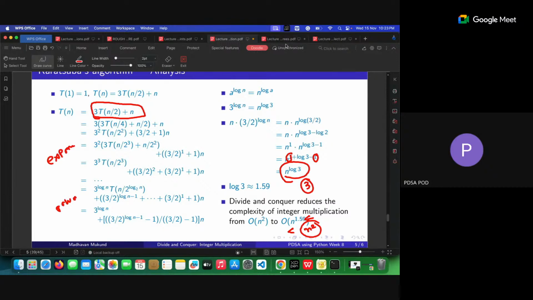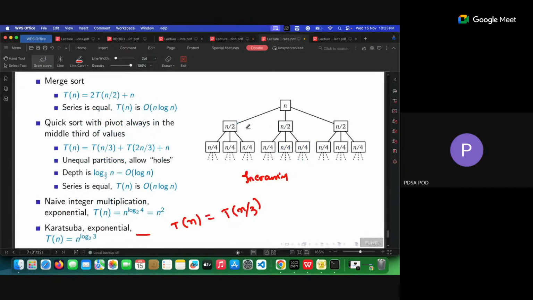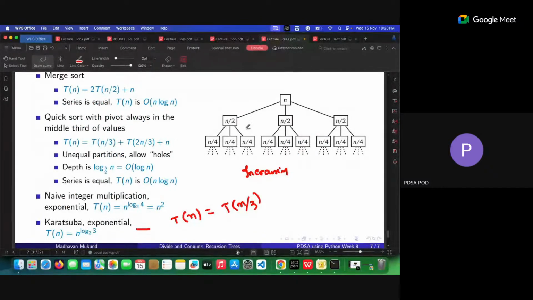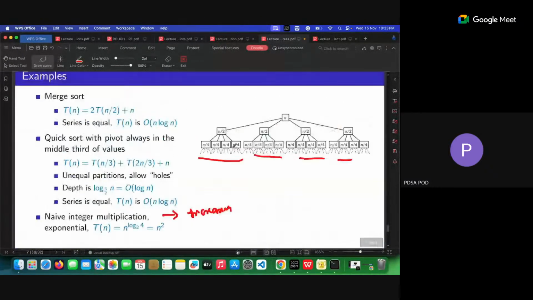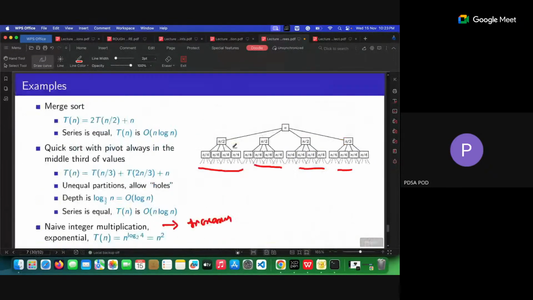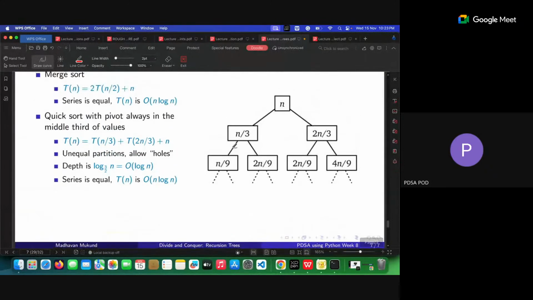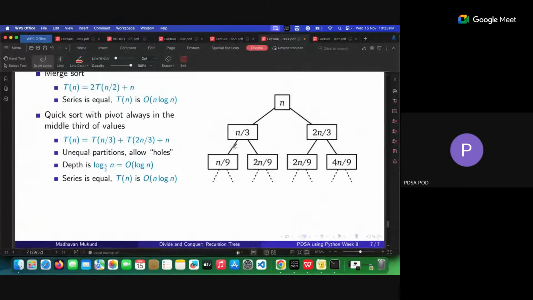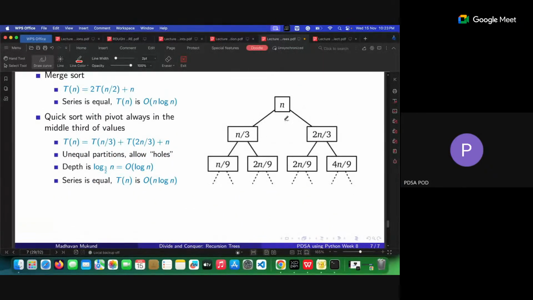But in the case of this one, Quicksort is there. Where is the Quicksort? Yeah, here it is. Sorry, this is not Quicksort. Here it is simply dividing, so every time it is 2 only. This is n, 2 parts, again 2 parts.